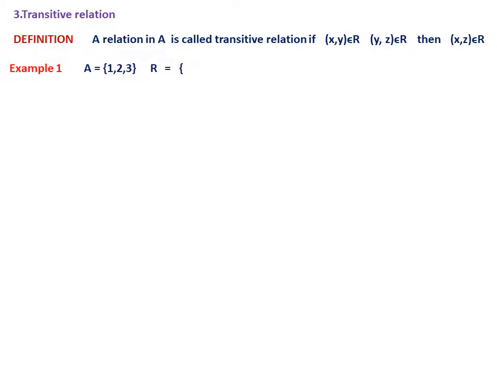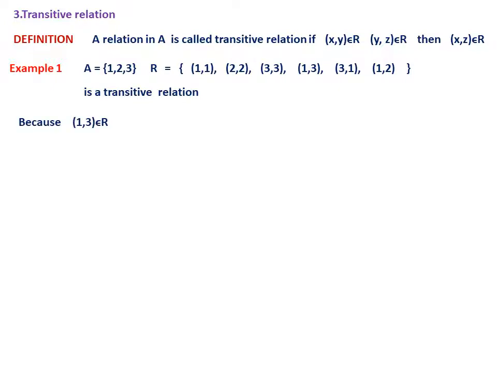Say A = {1, 2, 3}, R = {(1,1), (2,2), (3,3), (1,3), (3,1), (1,2)}. Now let us check like this. See, (1,3), (3,1) is there. So (1,1) is there. Therefore this is the way you have to check. Is it a transitive relation? See, (1,3) is there and (3,1) is there.